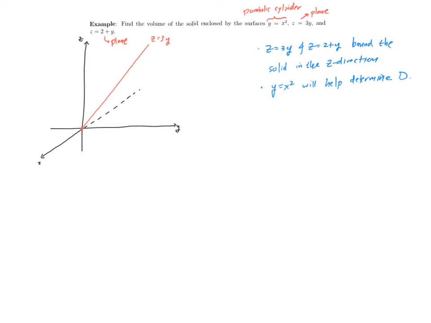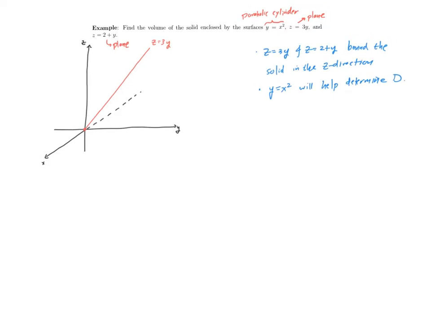Similarly, if we wanted to visualize the second plane, z equals 2 plus y, we can think of that in the x equals 0 trace as a line with z-intercept 2 and slope 1. So if we add a little bit of scale now to the z-axis, it will intersect the z-axis at 2, and it will have slope 1.